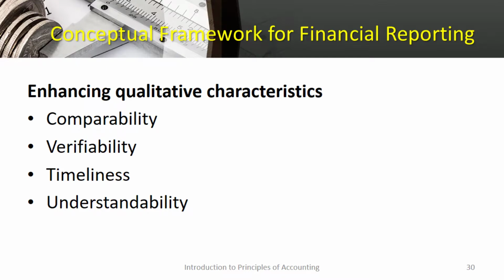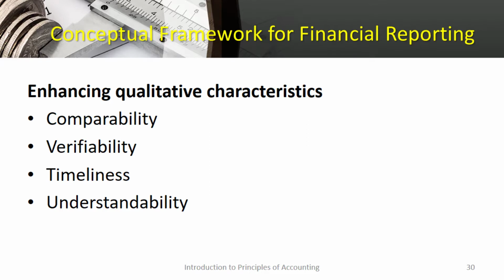The third one is timeliness. Since users refer to the information provided by the organization in the financial reports for economic decision making, it should be provided on time. Therefore, the accountants of the organization should ensure the timeliness of the information provided through the financial statements.